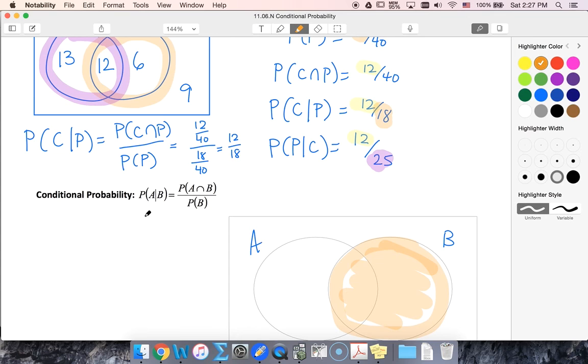So if I want A to happen, then that has to happen in here, because this is the only space I'll find A inside of what I know happened already. So here's my formal definition, but I can always go back and also use my Venn diagrams to think about what area I'm talking about with my given B.